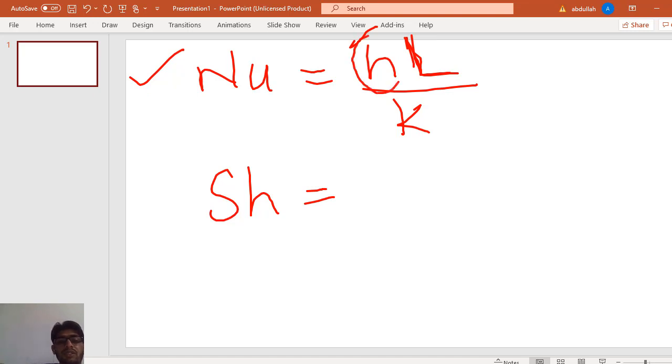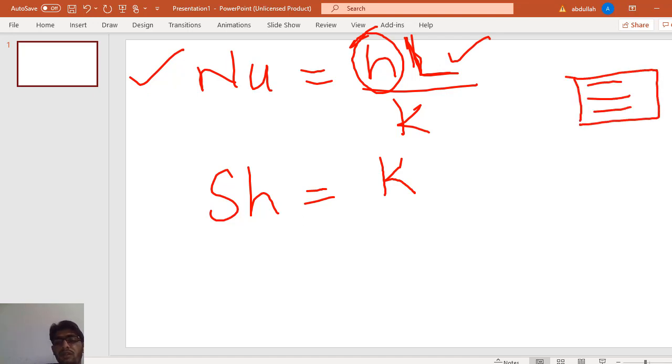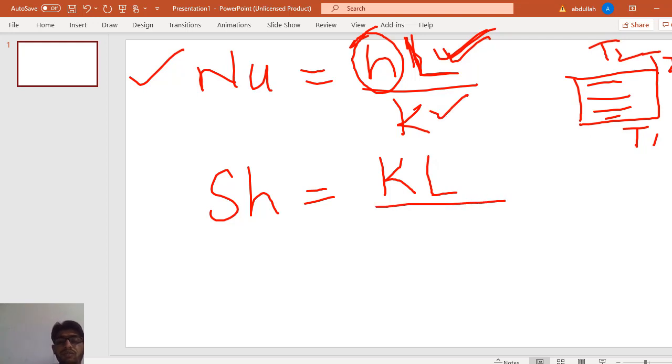L was the length of the stationary layer, with temperature 1 and temperature 2. Similarly, we use the length for mass transfer, and where heat transfer uses thermal conductivity, mass transfer uses molecular diffusivity, or the diffusivity of component A into component B.